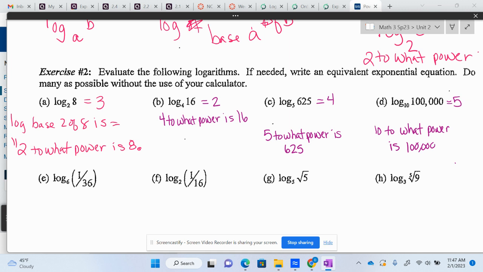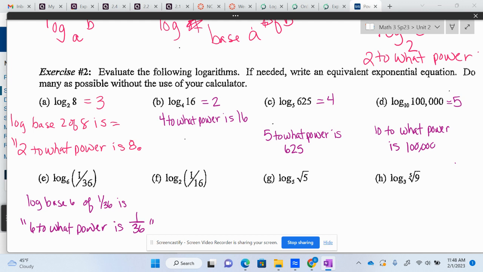So this is saying log base 6 of 1/36 is. So what it really means is 6 to what power is 1 over 36. So 6 to what power is 36? 2.